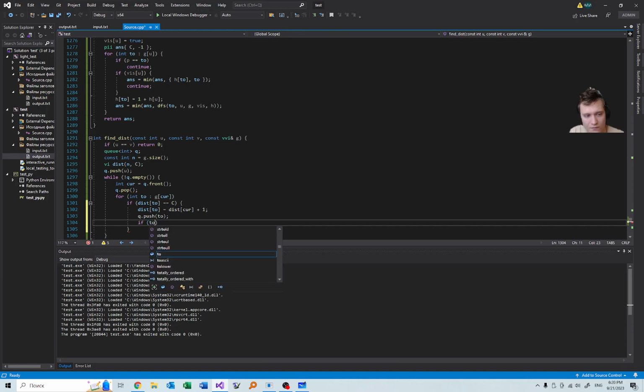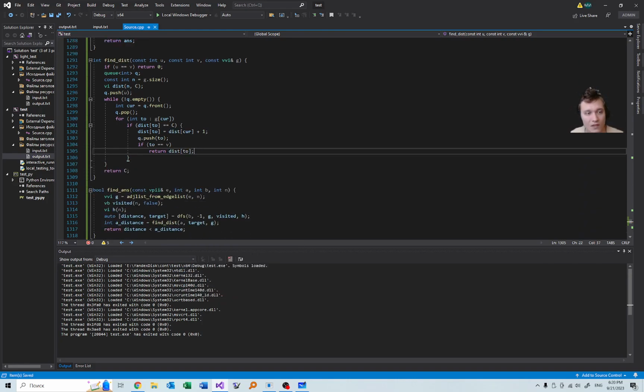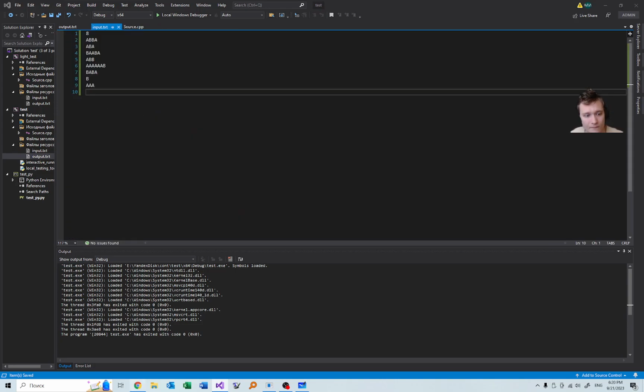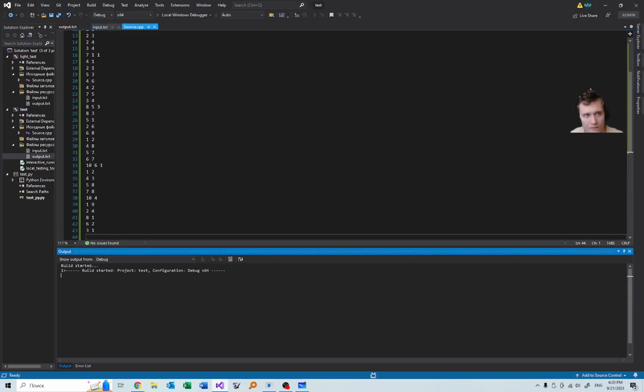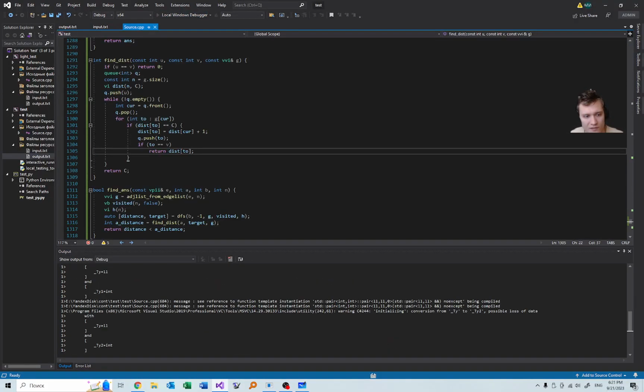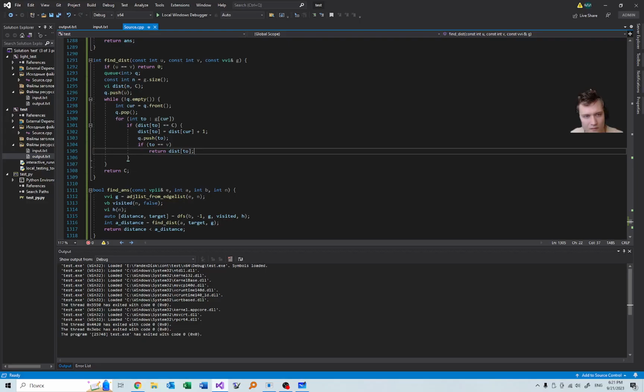And if 2 equals v, return distance 2. Great. I believe it is done. Yes, no, yes, no, no, yes.